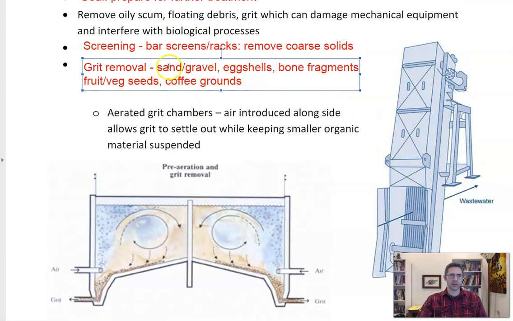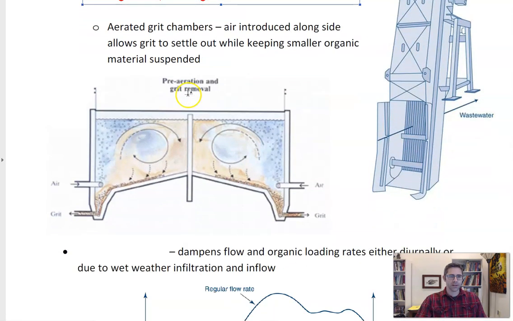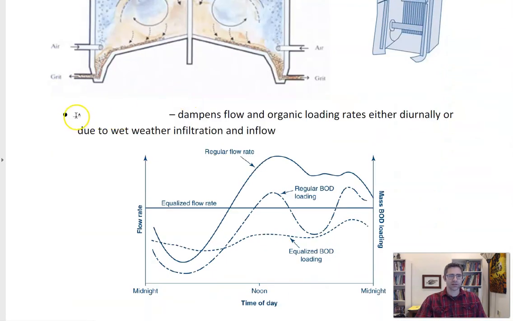So these two, screening and grit removal, are present in almost every major wastewater facility. But the third process is only present in some, and that is equalization.